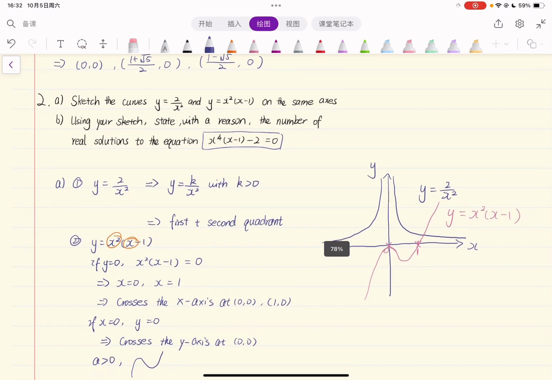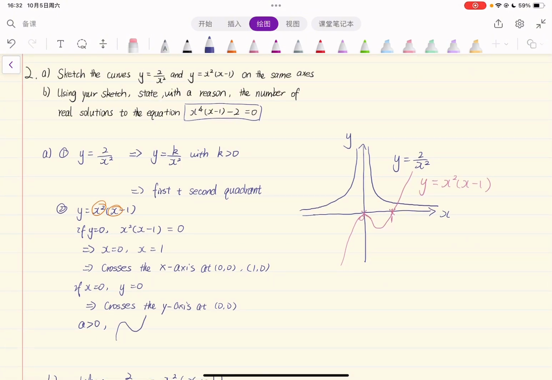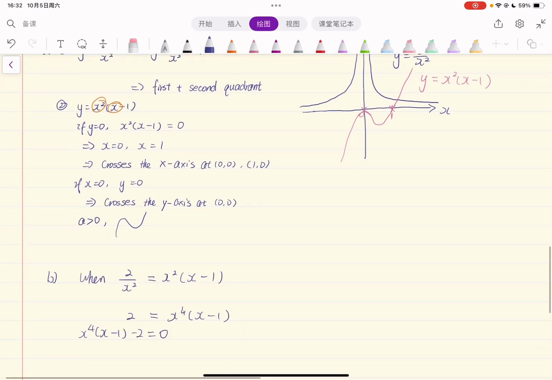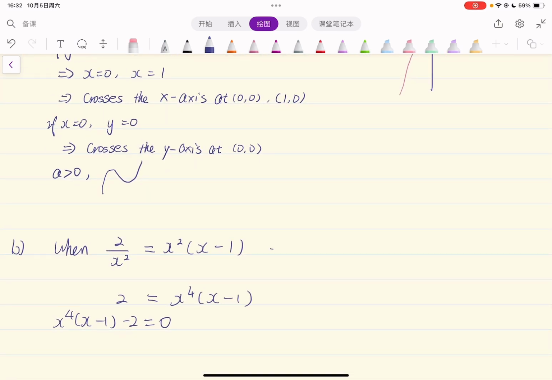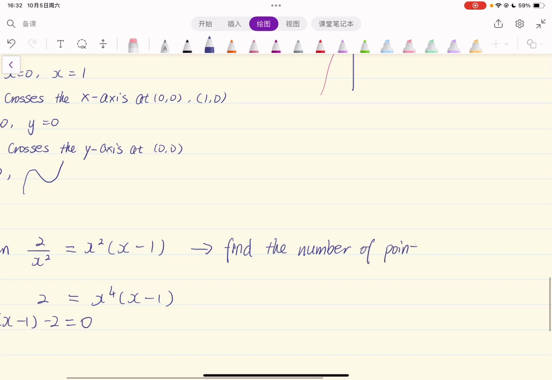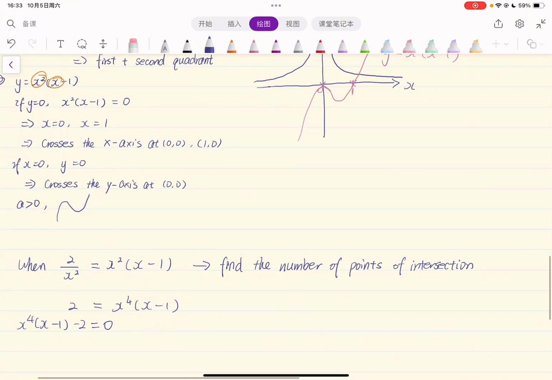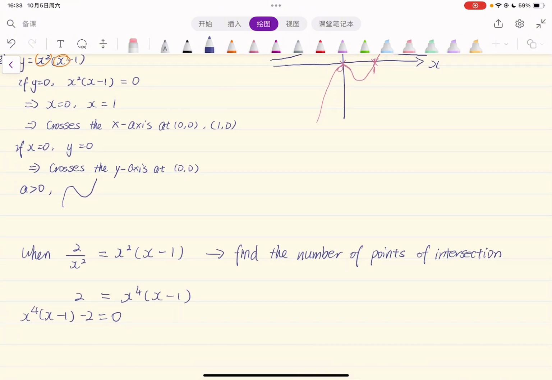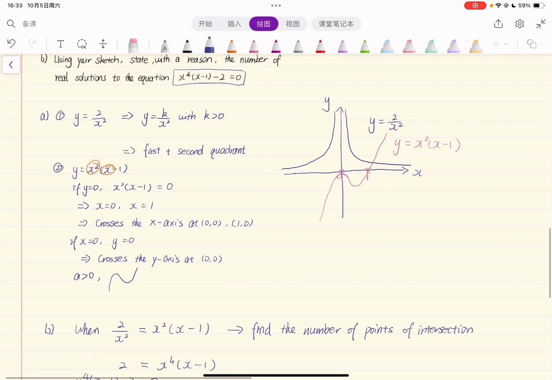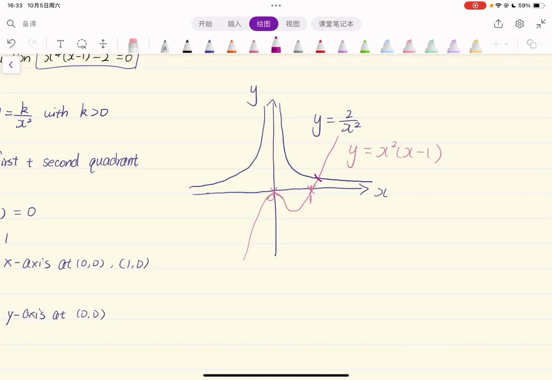That's the equation the question mentioned. We know where this equation comes from, and the question asks for the number of real solutions to this equation, which means you need to find the number of points of intersection from the sketch. There is only one point.